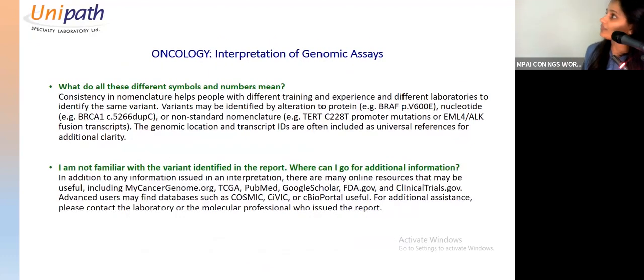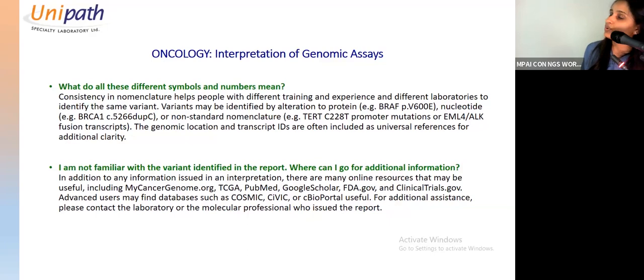Then, this is just a basic, normal nomenclature which is used for representing a particular variant, right? So this is a coding position which has been shown here. This is also found. And this one is the protein change. It is saying that the 600th codon is going to change from V to E. Here it is shown as the codon.